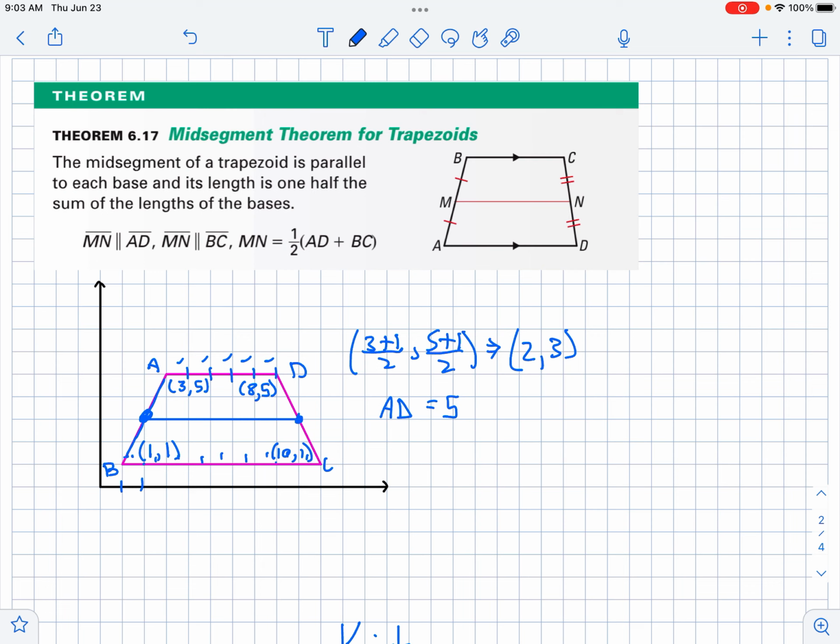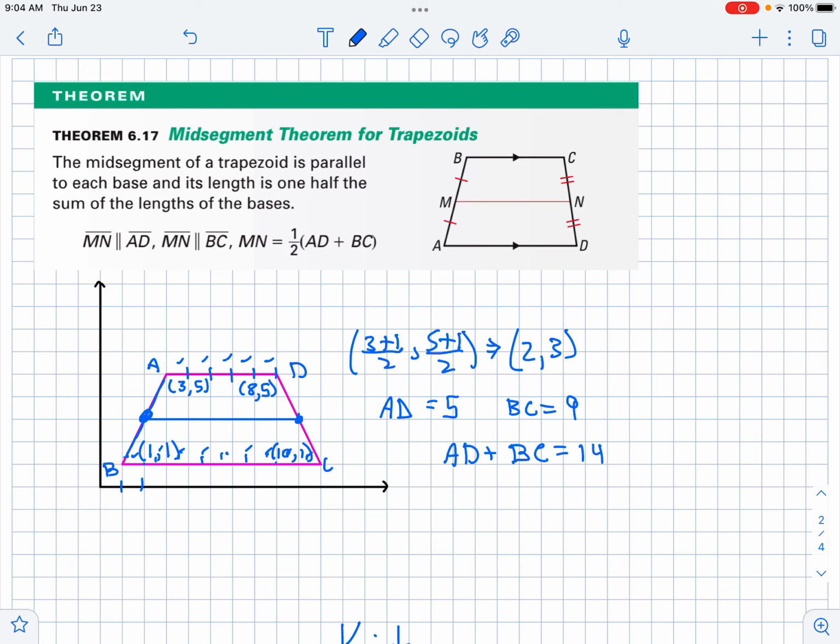Now let's see what BC is equal to. I counted it, but I forgot. 1, 2, 3, 4, 5, 6, 7, 8, 9. So BC is 9, and AD plus BC is equal to 14.